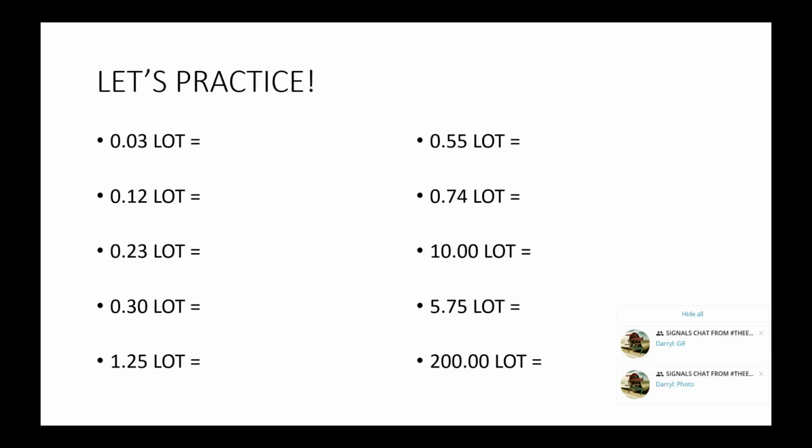Okay, 0.23. $2.30. Oh, y'all gonna know y'all money come time this market open. Excellent. 0.30. $3. That's it. If you don't know nothing else, you better know your money. Good job. 1.25. $12.50. Perfect. 0.55. $5.50.